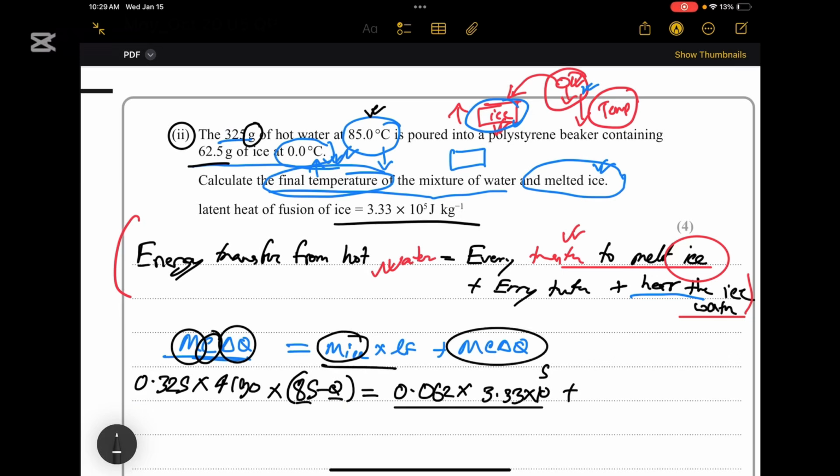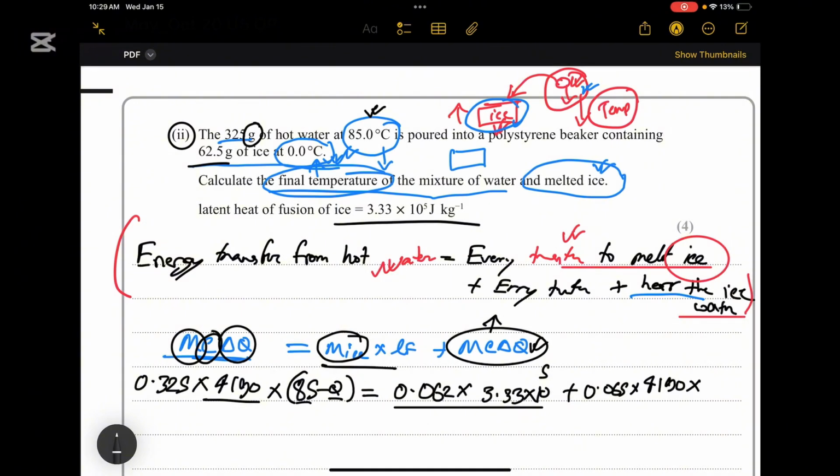The melted ice will be converted into water, then this water will be heated, so we'll write mcΔθ. Now we will also use the mass of the ice, which is 0.0625, into c, which is 4190, which we have written right here as well and which will be given in your question, into the change in theta.